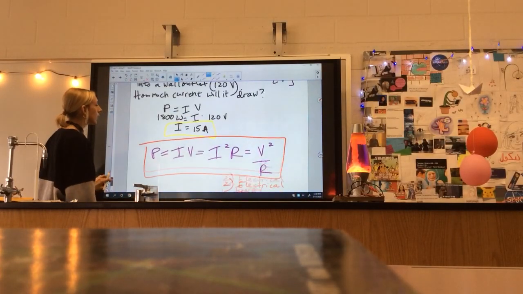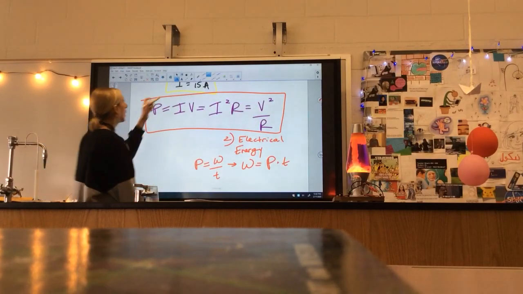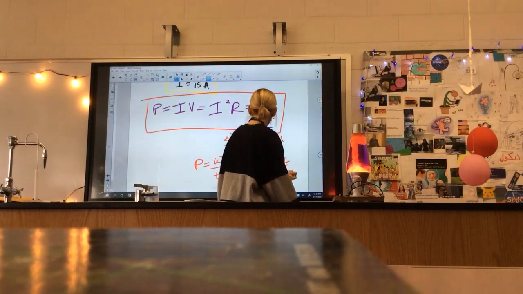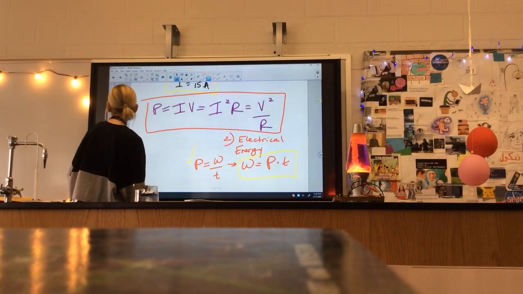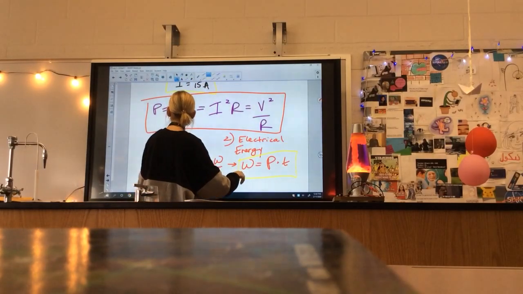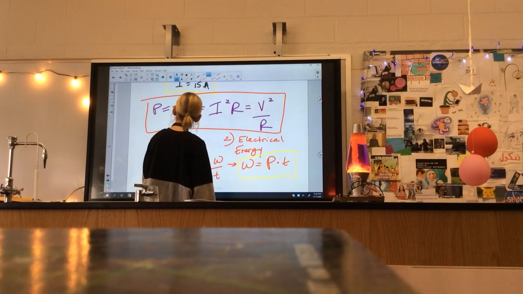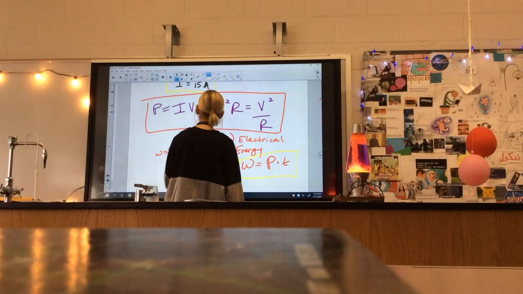I want to focus on the electrical energy aspect. It's a very simple formula, and it's just a rearrangement of the formula that we have already used. Just know that this W here represents work, but also electrical energy, which we measure always in joules.